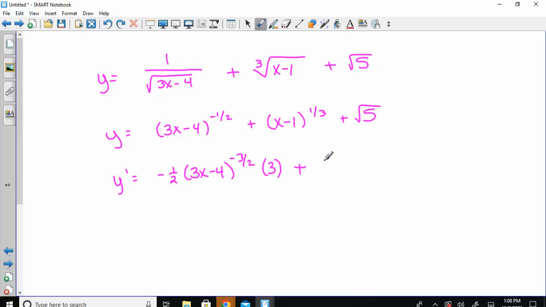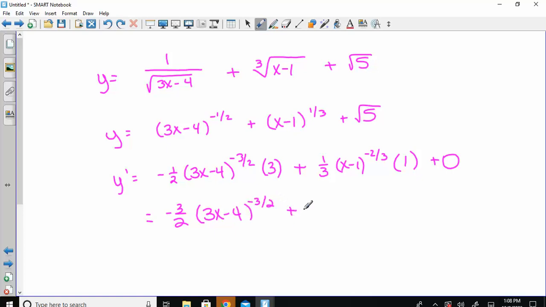Plus 1/3 comes down. x minus 1, subtract 1 from the power. What's the derivative of the inside of that one? Plus, what's the derivative of the square root of 5? 0, because it's a constant. So all you could really do is combine coefficients. That would be like negative 3/2, 3x minus 4 to the negative 3/2.